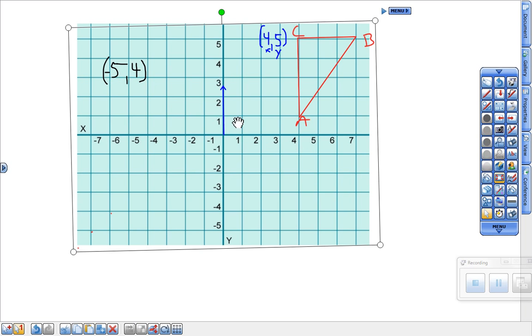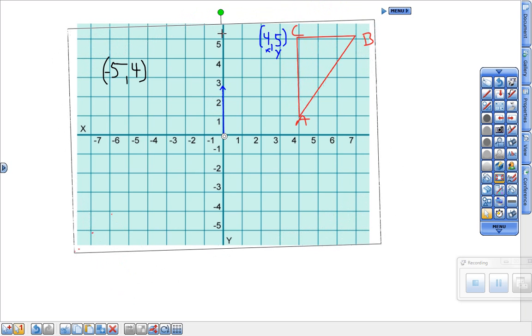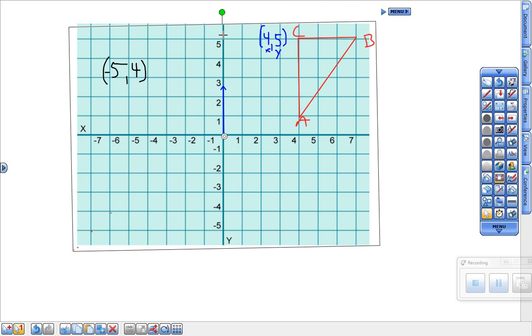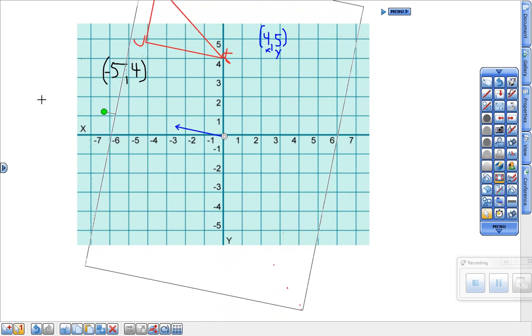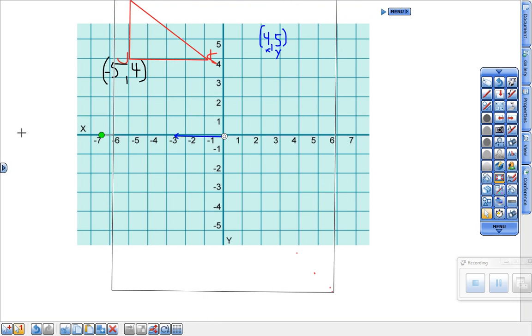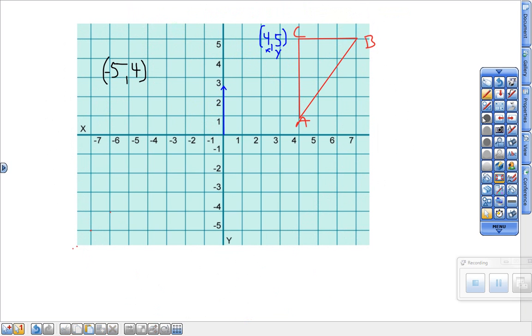So if I rotate that 90 degrees counterclockwise to the left, that point C that used to be 4, 5, let's see where it ends up. So a 90 degree turn to the left, and I can see right there it ends up at negative 5 for x, 4 for y. If I do that 90 degrees clockwise, I should get the flip-flop and also negative of that point.